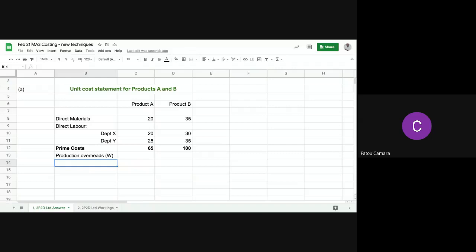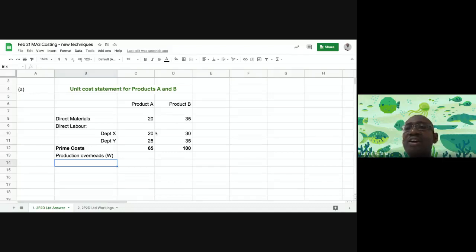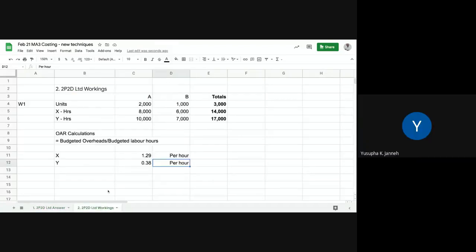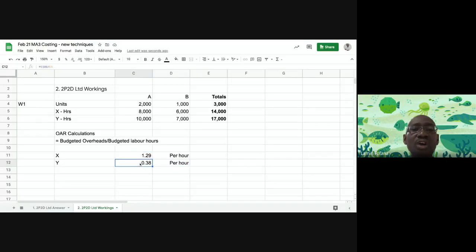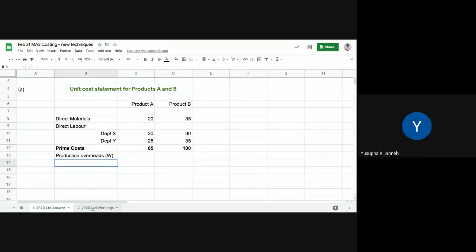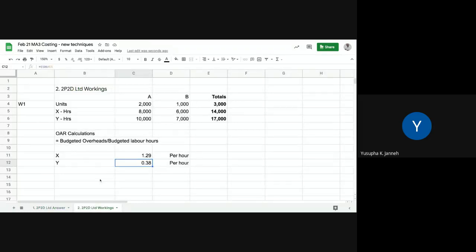Overheads divided by actual activity level. Sorry? Is that the way to absorb? We've already calculated our rate that we're going to use to absorb. You're going to absorb using the OAR multiplied by the actual activity level.